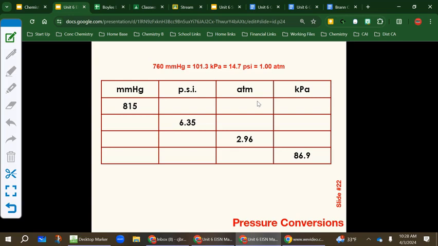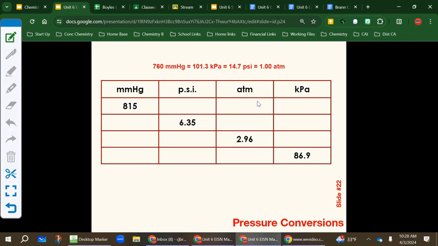The unit that you are in goes on the bottom, which is 760 mmHg. Cancel, cancel, left with PSI, do the math. The math is going to involve you taking this number times the one on the top and then dividing it by the one on the bottom. That will get you your answer in PSI.